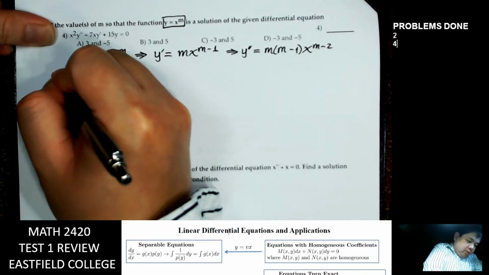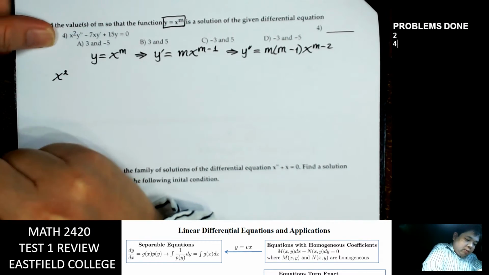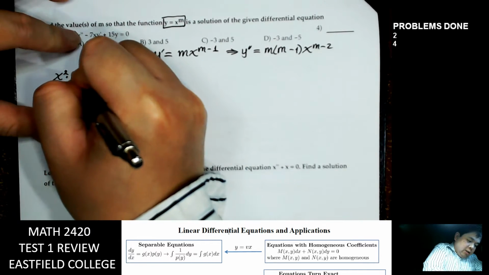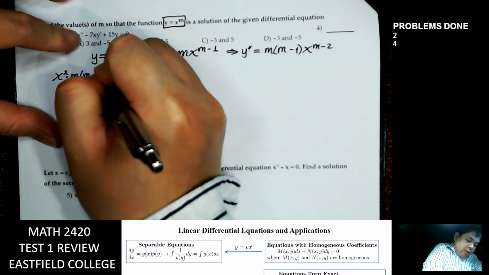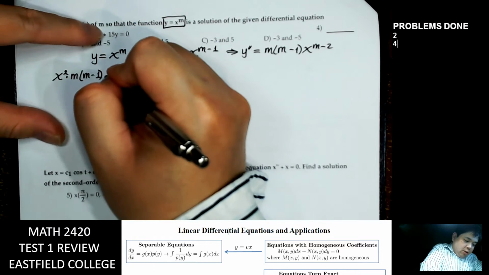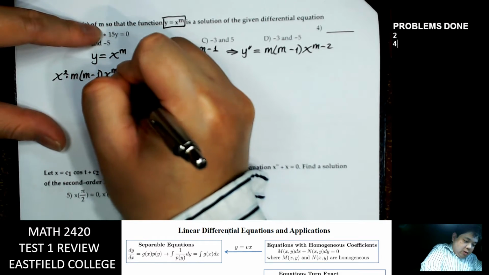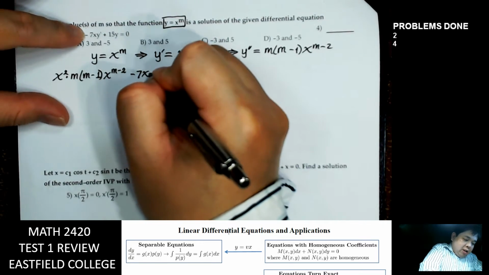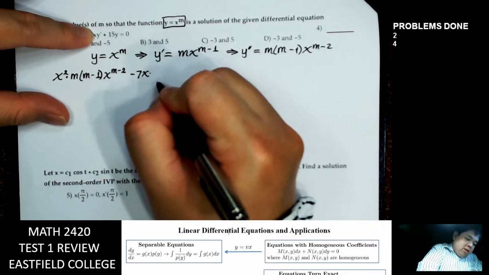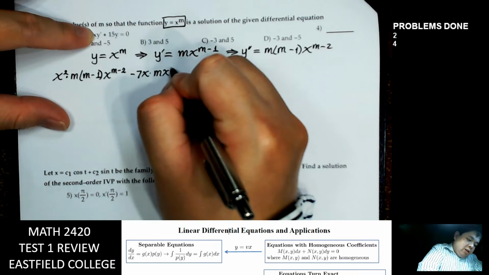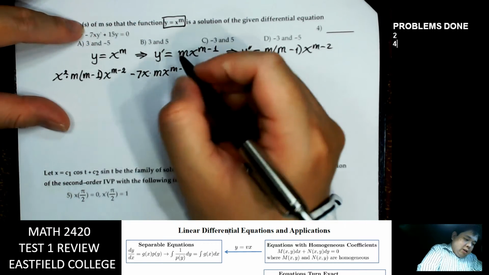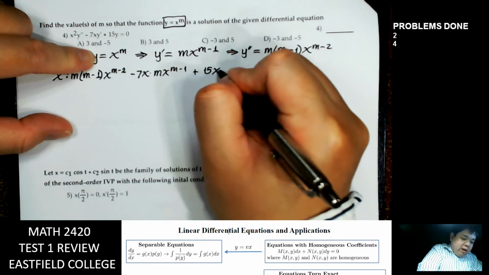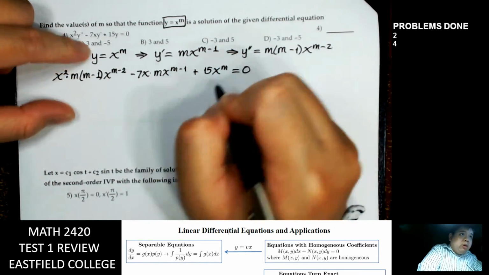So x squared, the second derivative is that, minus 7x, the first derivative is this, and then 15, the function x to the m, equal to 0.